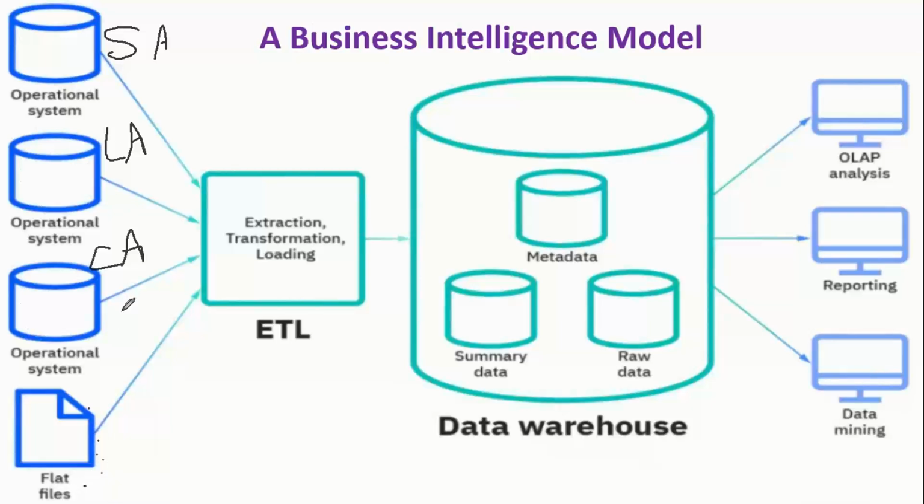Everything can be submitted to warehouse, go down through something called ETL, extract, transform, load. Extract data from left, load it to right, blue to green.